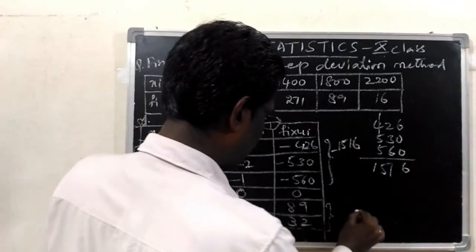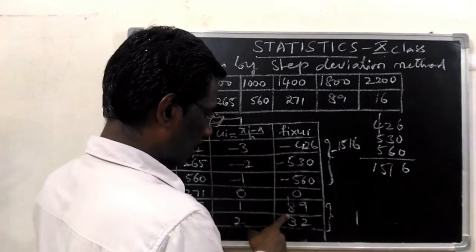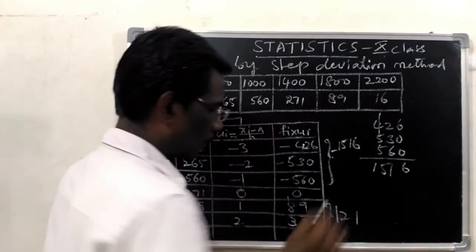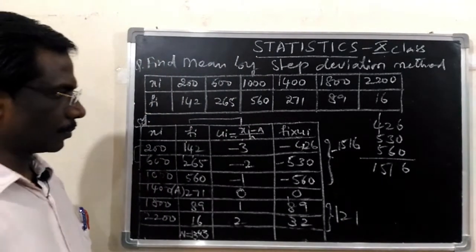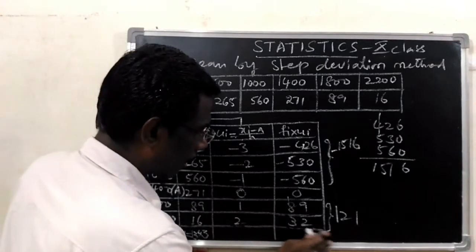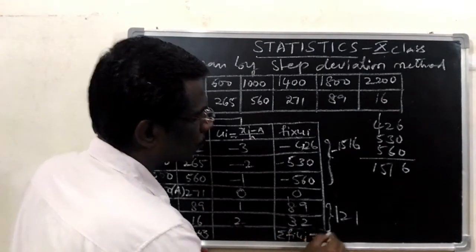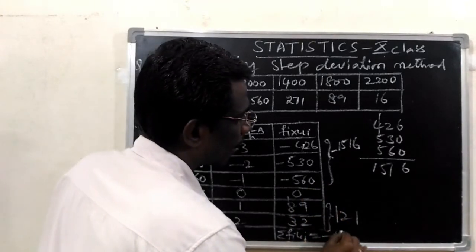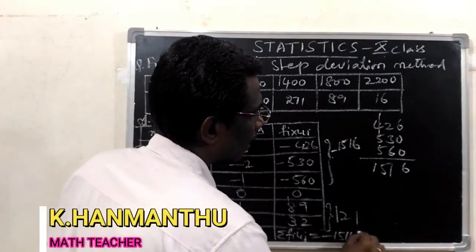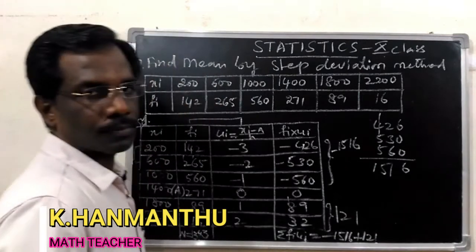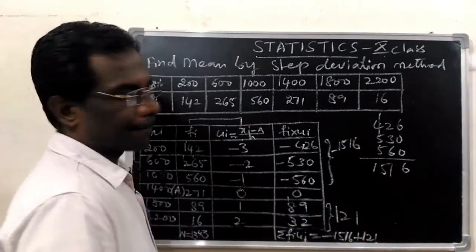If you add these two positive values, we get 121. Then sigma Fi ui is equal to minus 1516 plus 121. You have to subtract them.